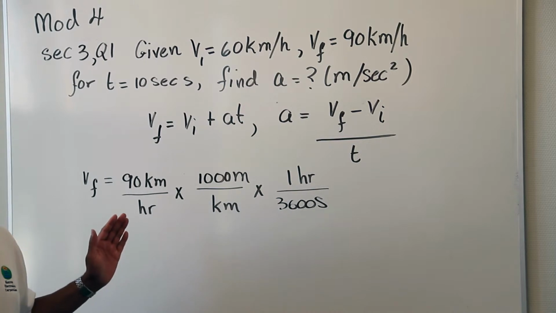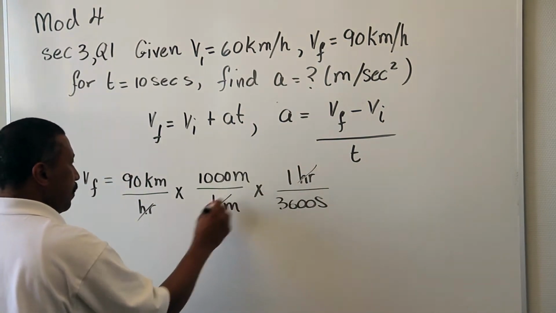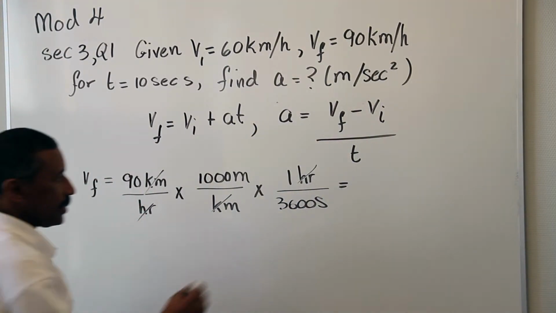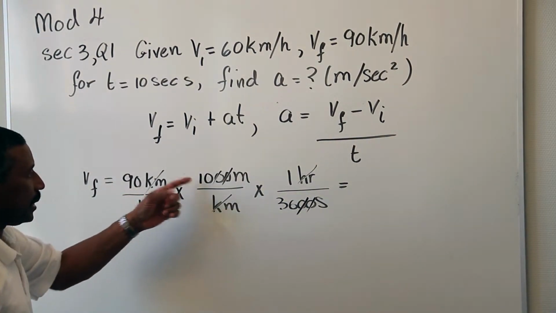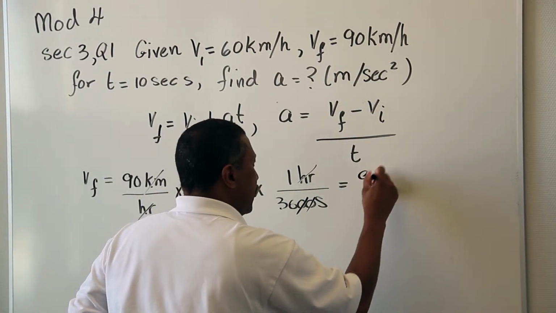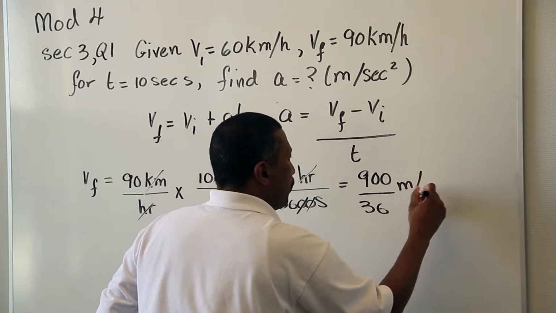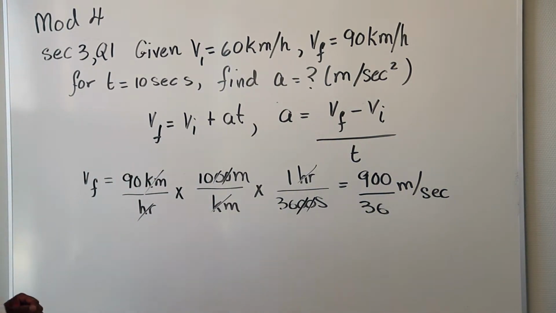This converts the final velocity. The hours cancel, kilometers cancel, and if you take those zeros out, this is 90 times 10, and that's 900 divided by 36 meters per second. So not too bad, you can solve that quite well.